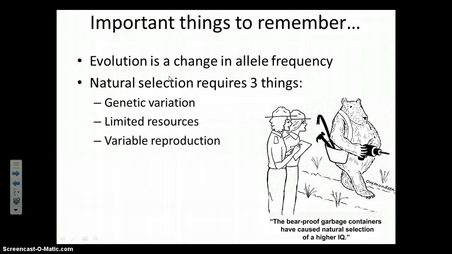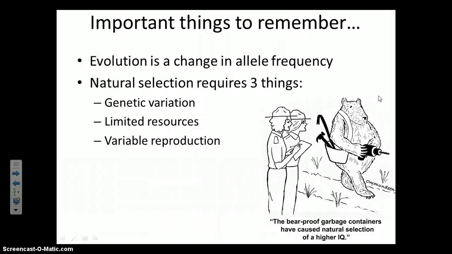So in this example with the bear, who has apparently learned a lot of important things, we've got genetic variation. First of all, there are some bears that are smart and some bears that are not quite as clever. They can't get the garbage can lid off of the garbage. There's limited resources. The food is in the garbage can, and not everybody can get to that food.